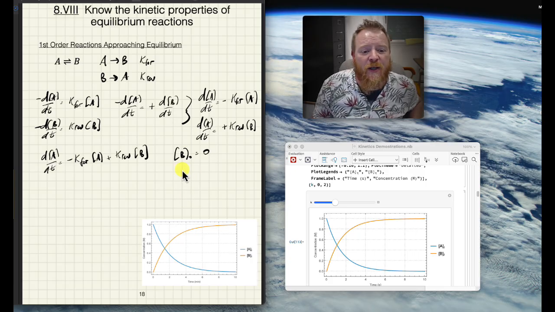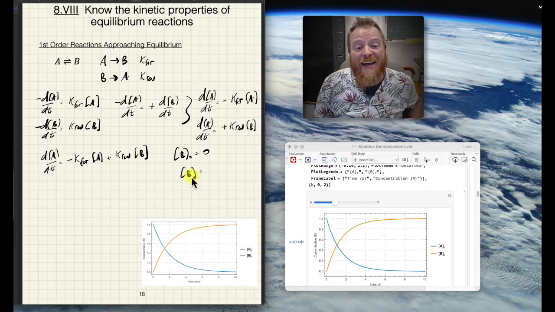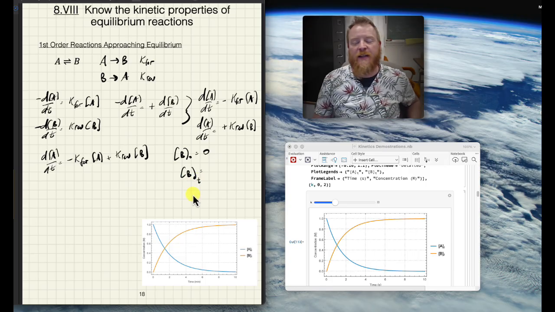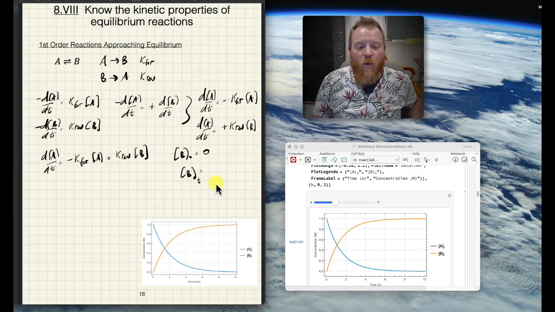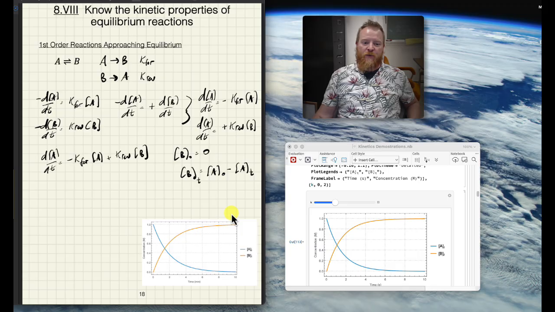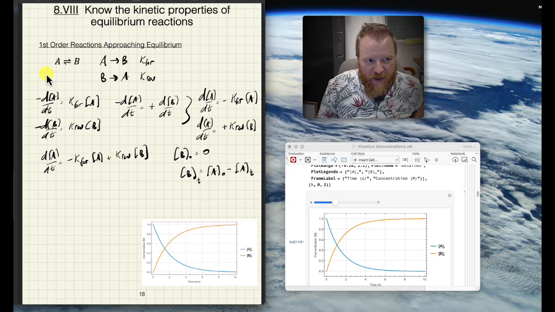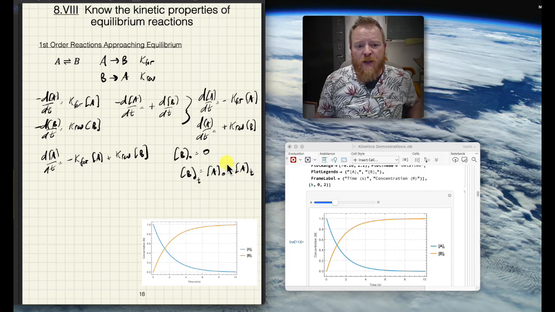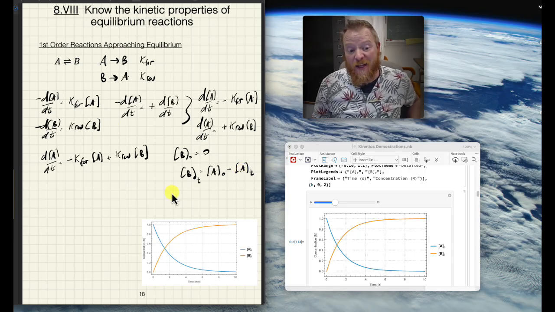And additionally, we could say that the concentration of B at any time in the reaction, I'm going to put a t there to know that that's at any time in the reaction, will equal the initial A concentration minus A at any time in the reaction, right? Again, because this is a one-to-one reaction, any amount of A that reacts is going to be how much B that's formed.